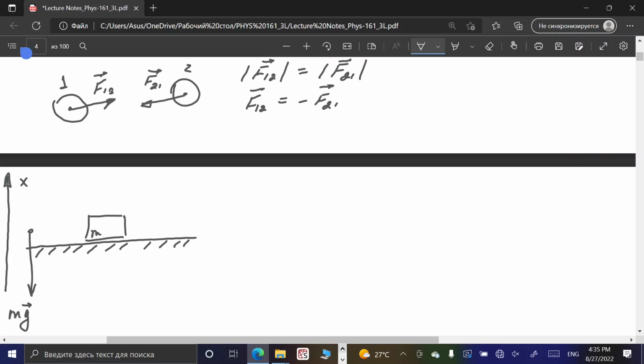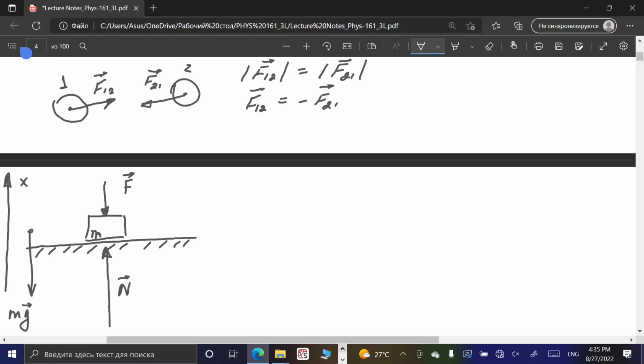So this is mass of this block m. Let us additionally exert some force which goes from top to bottom on this block, this force F, and then there will be some reaction. We mark it with capital N, of this surface, which keeps this block in stationary position.